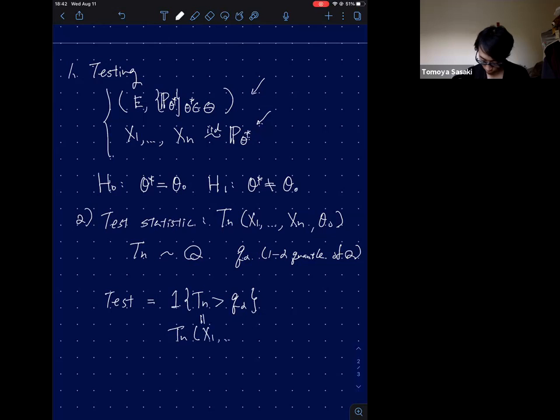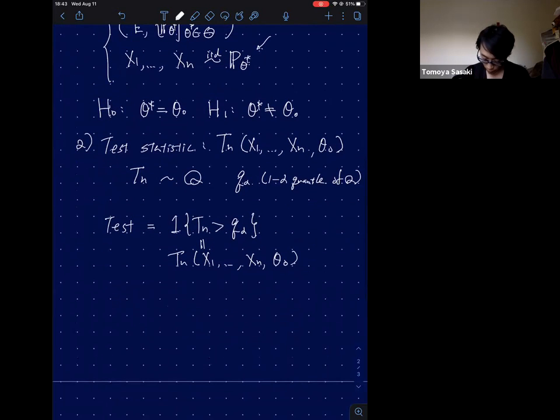This is equal to, I'm just abusing the notation a little bit here, but it's just simple. And we often denote this test as this psi in the lecture, where psi is going to be 1 if you reject a null, and psi is equal to 0 if you fail to reject a null.